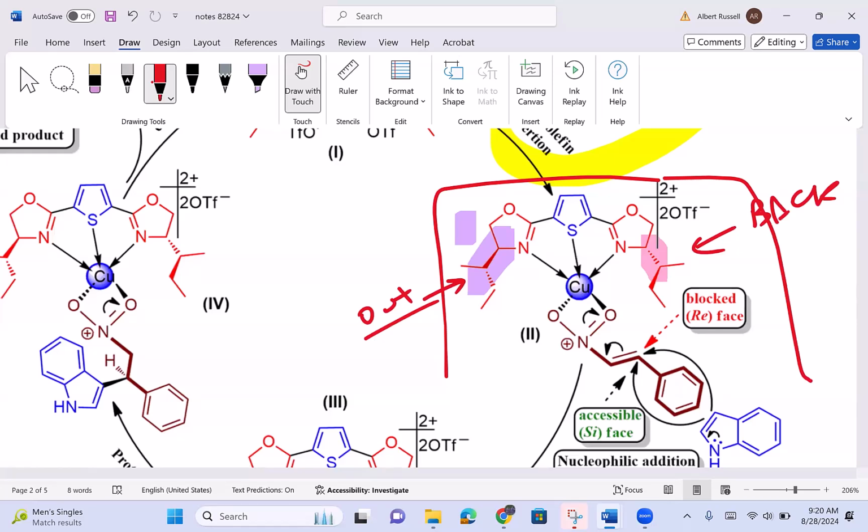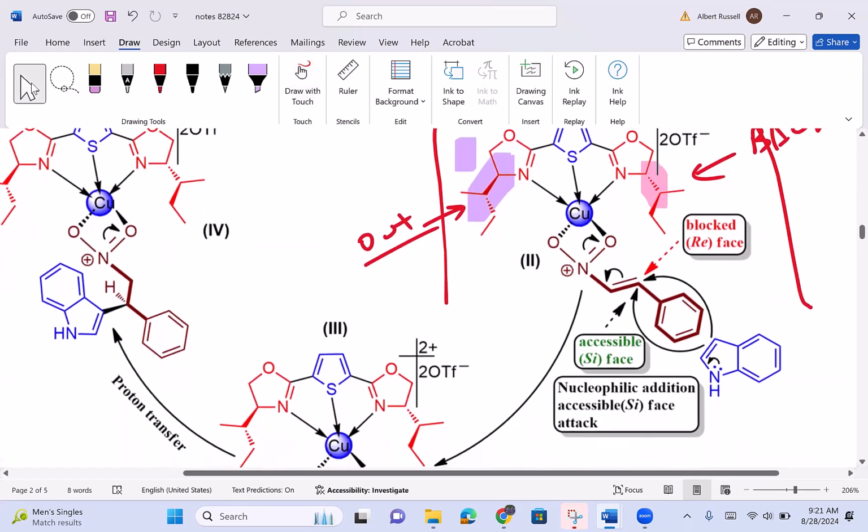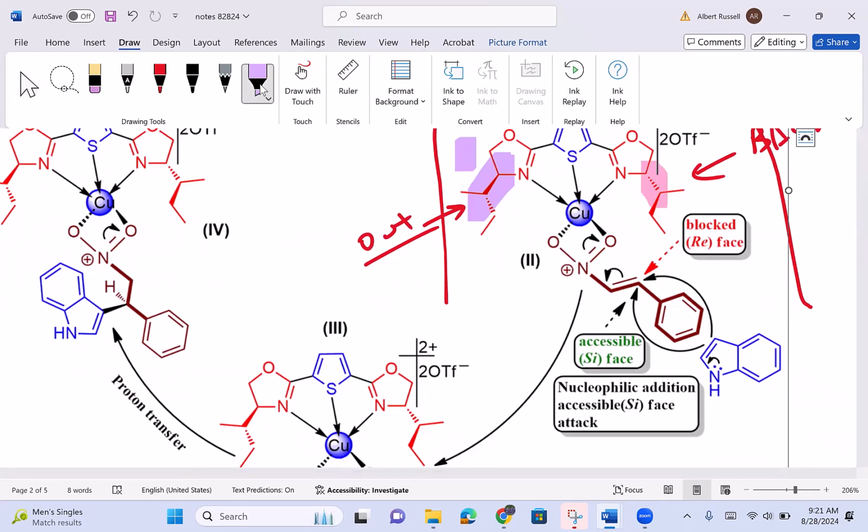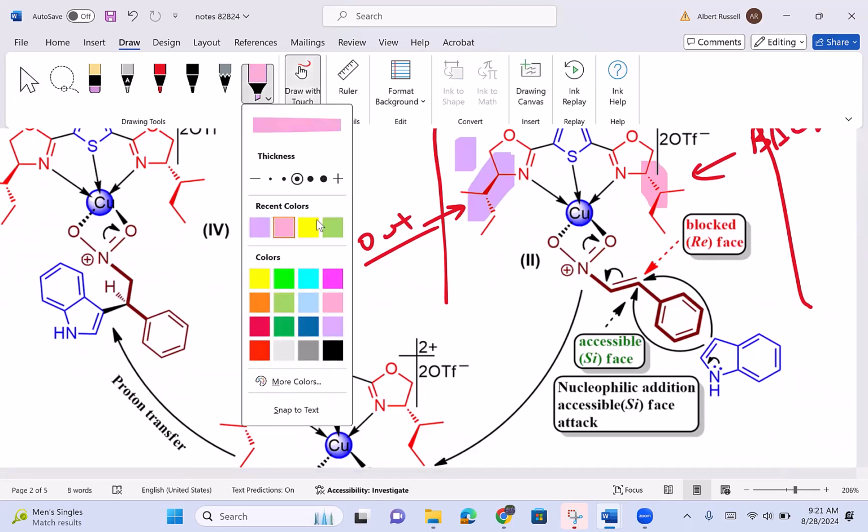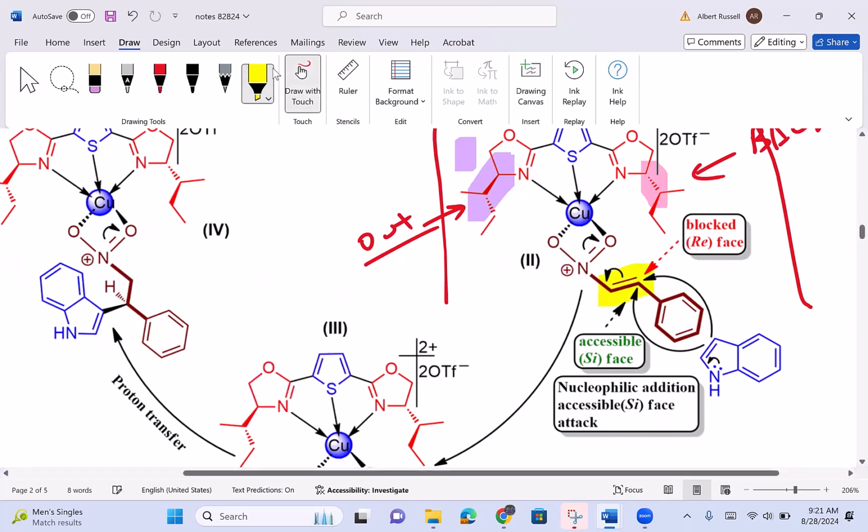So when the reaction happens, right, one of those stereoisomers is going to be favored over the other. So that's what it's talking about here, right, where it says that one of the faces, because this is where the reaction is taking place on the double bond, right here. So one of those faces is blocked and the other face is more accessible based on how that ligand is set up. And that's how you create or generate your chirality, right?